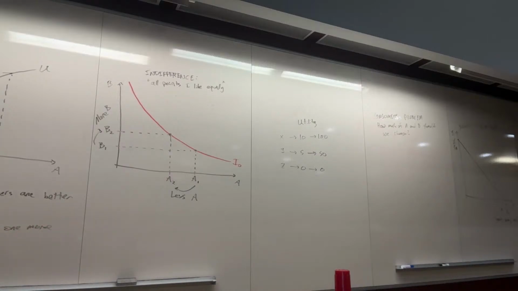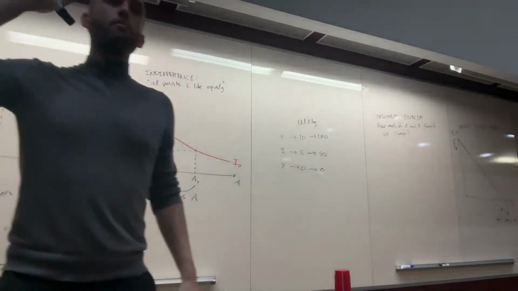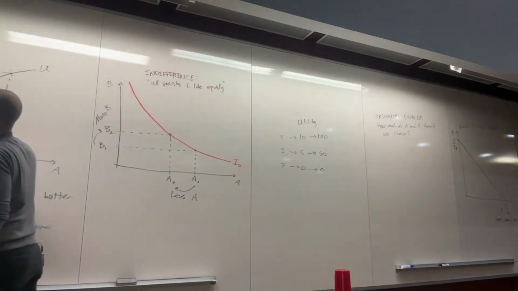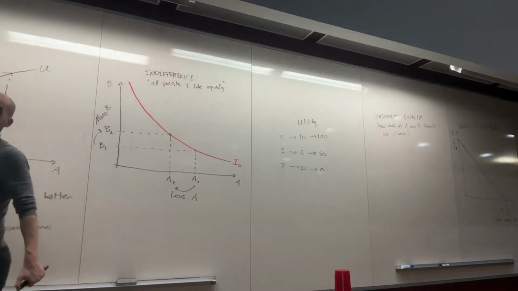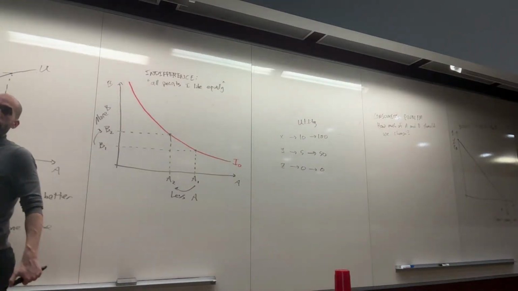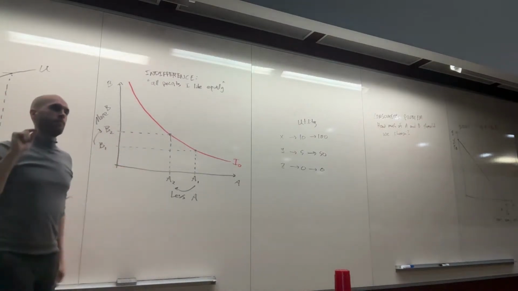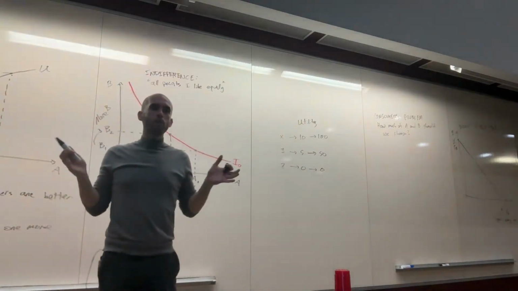Okay, this is marginal utility. So the marginal utility of that second unit of apples, that second pound of apples, is the difference between utility 2 and utility 1. So just the difference between these two things. Okay, so this is marginal utility.